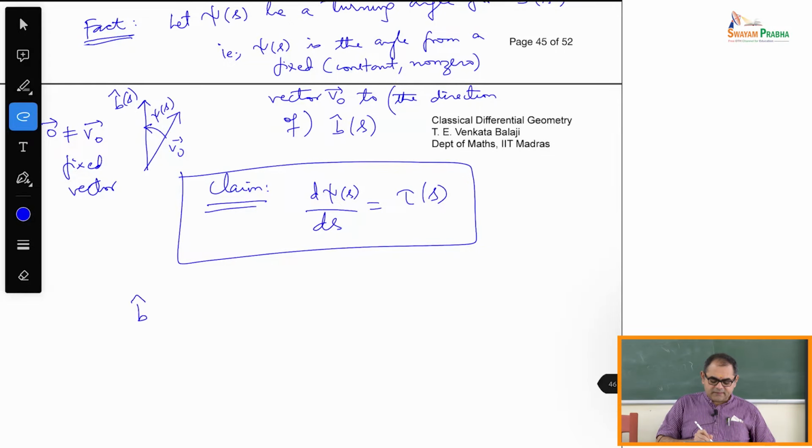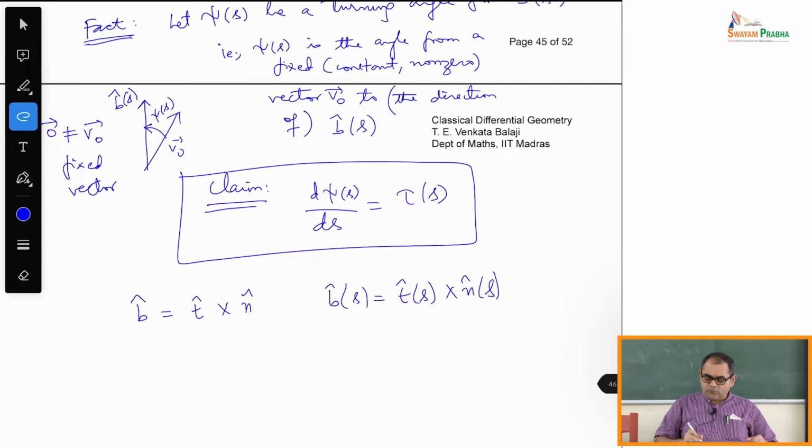The binormal is chosen so that the tangent, the principal normal, and the binormal form a right-handed system. So by definition, b hat is t hat cross n hat. With arc length in mind, b hat of s is t hat of s cross n hat of s.